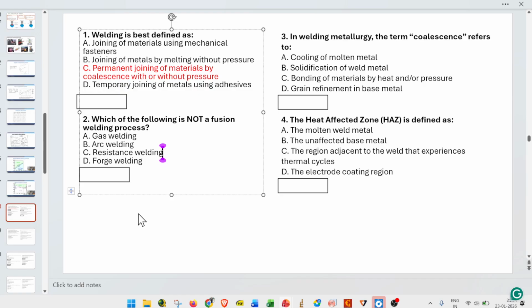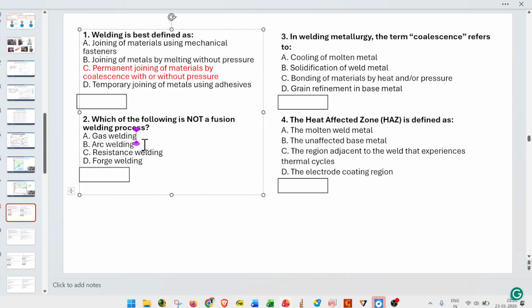So in which process do we use heat? The options: one is gas welding. In gas welding we use a chemical reaction to generate the heat, and that heat is used to join the material. So it is definitely a fusion welding process.